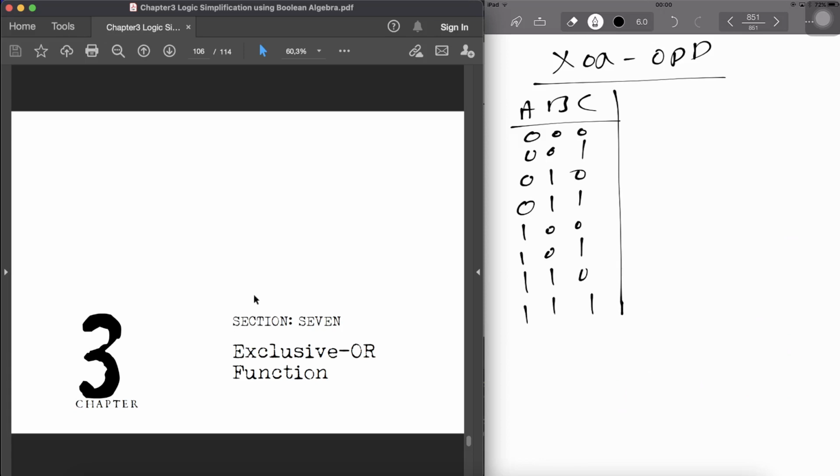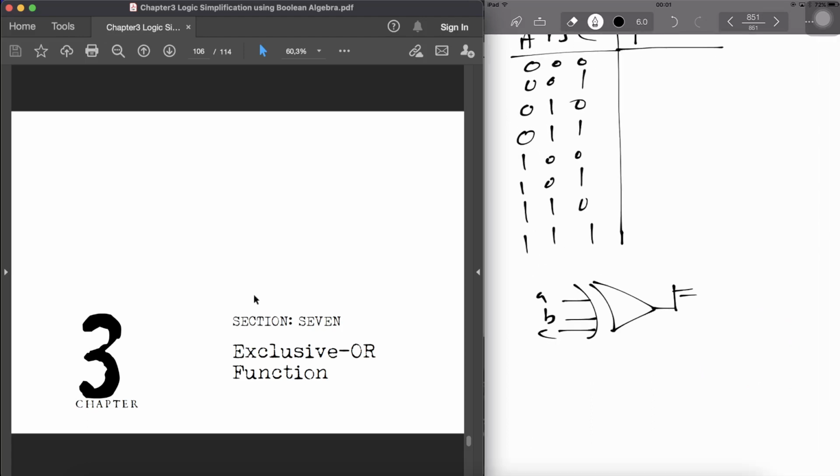And let's say F is exclusive OR of A, B, and C. And we also have exclusive NOR, which is the inverted version of it. Let's say G for that. A, B, C. And this is for odd, this is for even function.